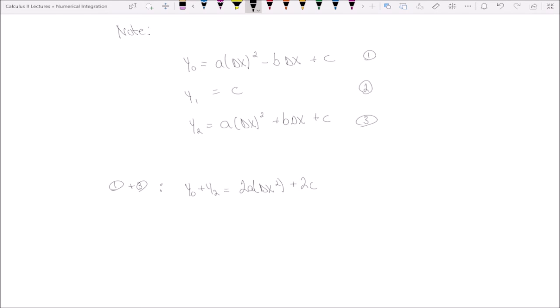Now, if we add 4 copies of the second equation to this, we will get y0 plus 4y1 plus y2 has to be 2a times delta x squared. And please forgive me, I put that squared in the wrong place. There we go. Plus 6 times c.